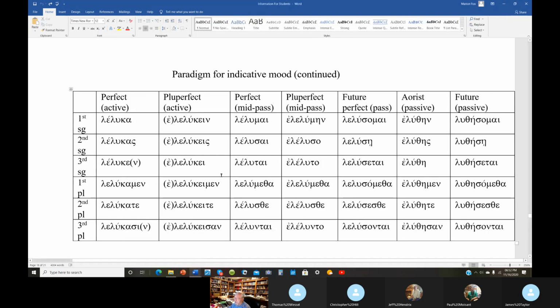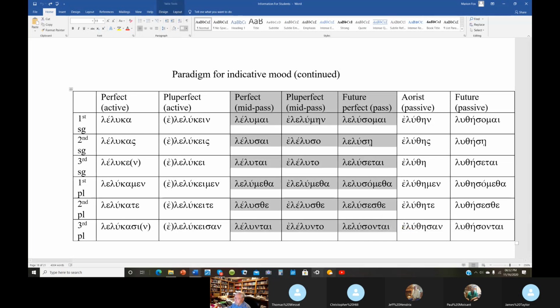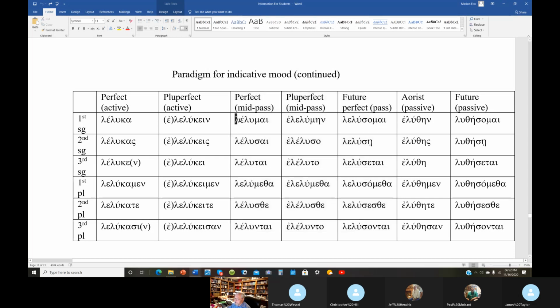So let's go back to our chart. Perfect and pluperfect middle and future passive. Those are the ones that have the same form. So let's look at them here now. There's your stem. See the reduplication.